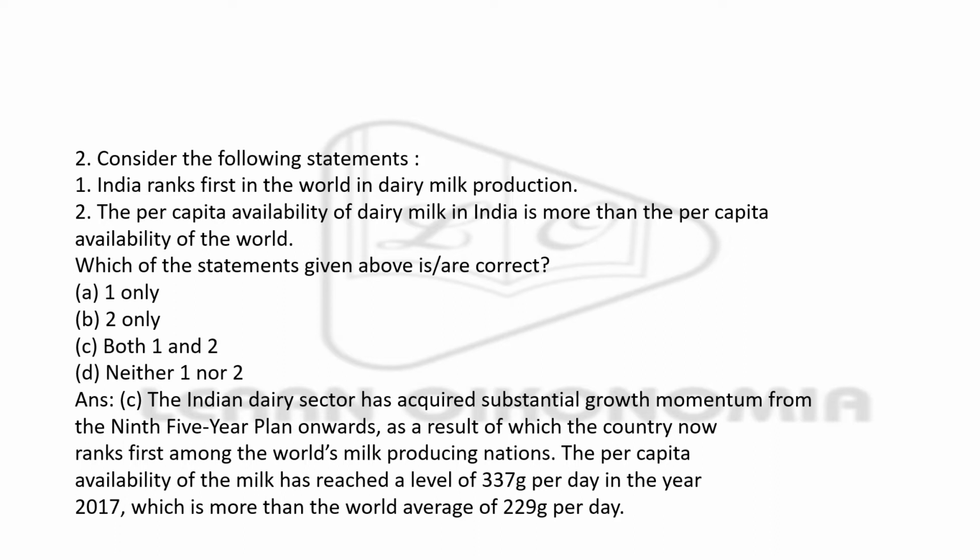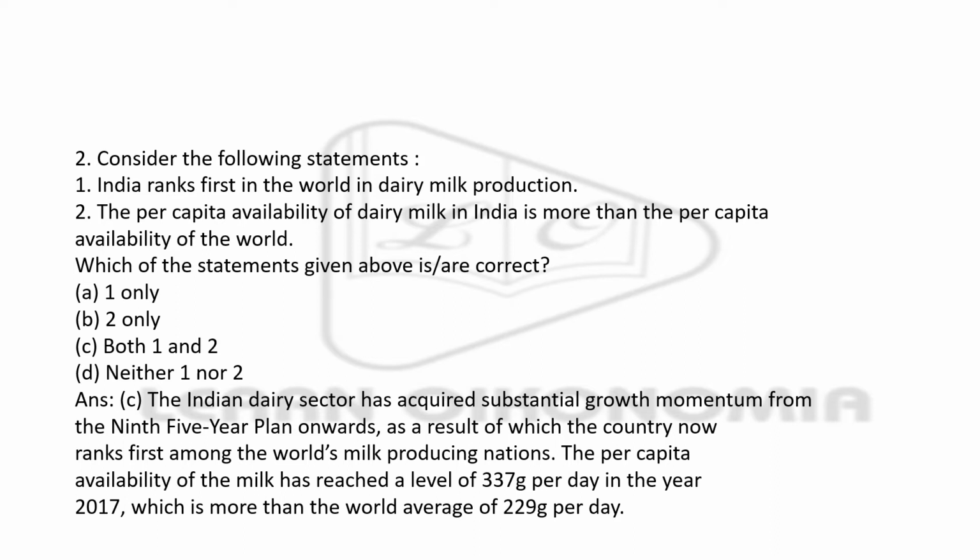If you look into the primary sector, dairy is something which comes under the primary sector, and the Indian dairy sector has acquired a substantial growth rate. If you look into the 9th 5-year plan, a substantial growth rate in the dairy sector started.